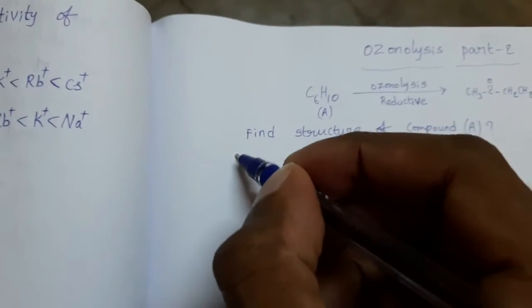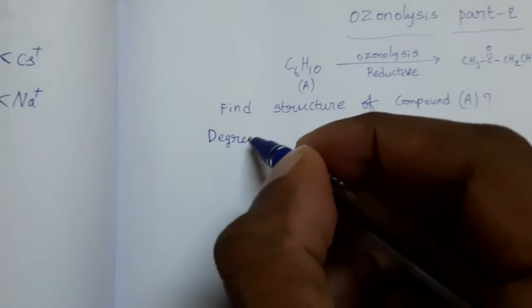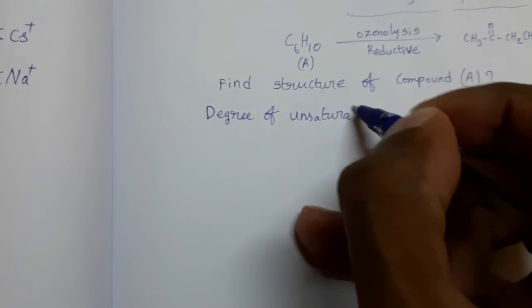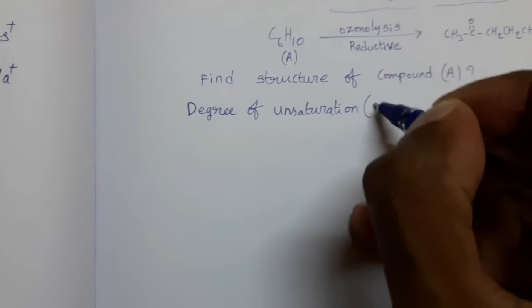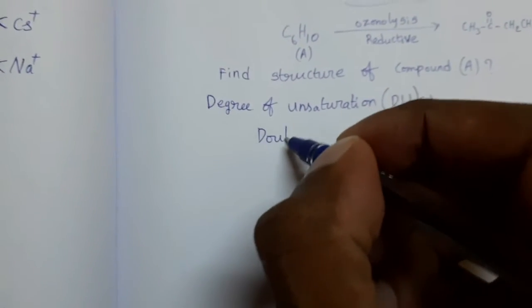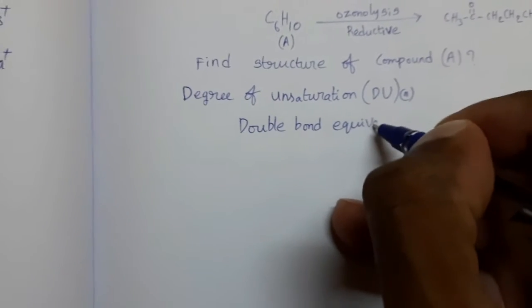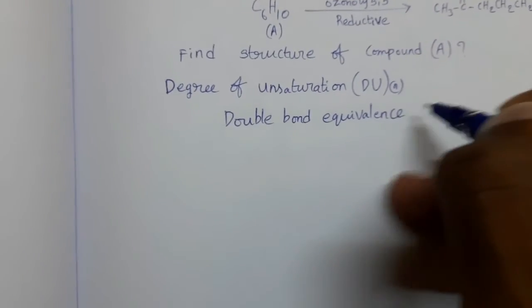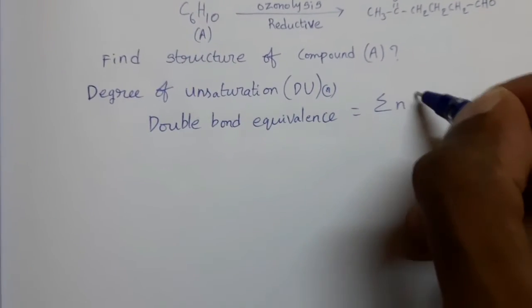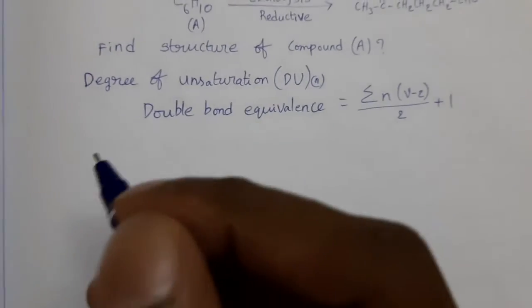See this, degree of unsaturation, simply called DU or double bond equivalence. The formula is sigma n into nu minus 2 by 2 plus 1.